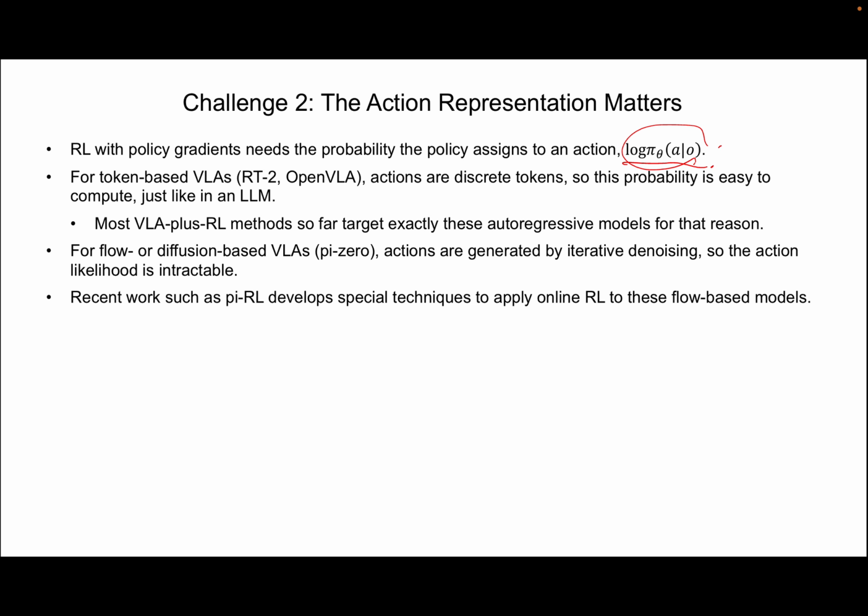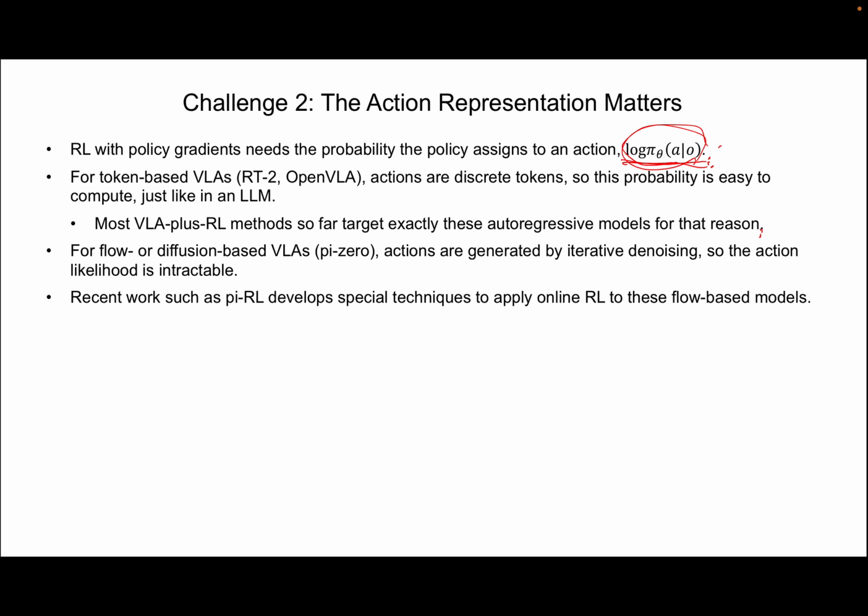We perform softmax on the discrete tokens, so the output of the softmax directly becomes the likelihood. It is very easy to compute such likelihood for discrete token-based VLA models. Most VLA plus RM methods so far target exactly this autoregressive model for that reason.